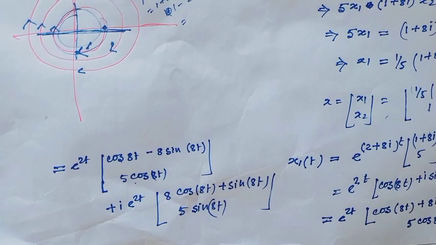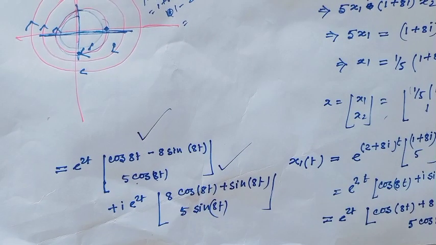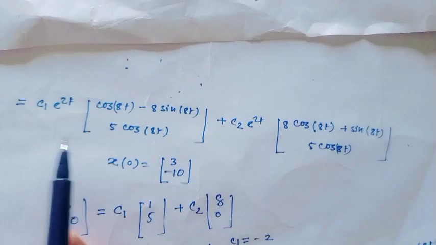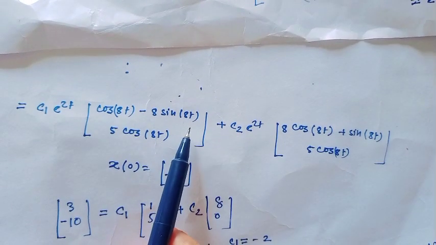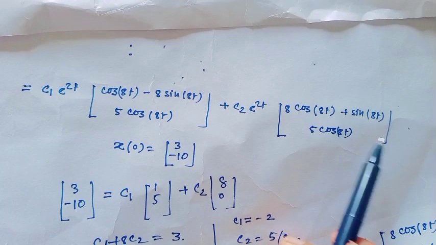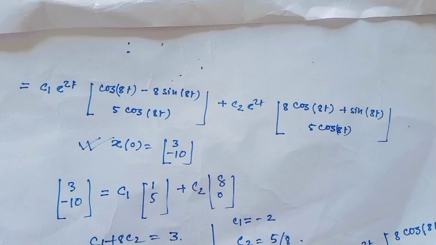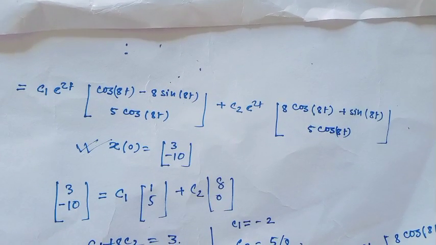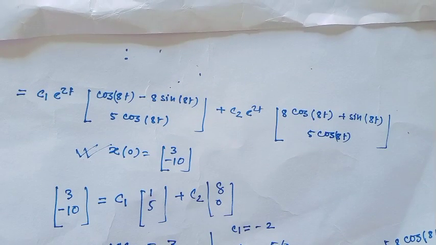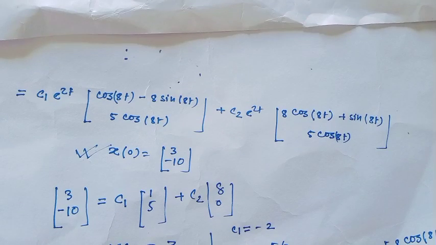And here the initial condition is given. Since these two vectors are linearly independent, we can write the solution as c1 e to the power 2t (cos 8t minus 8 sin 8t, 5 cos 8t) plus c2 e to the power 2t (8 cos 8t plus sin 8t, 5 sin 8t). Since the initial condition is given, at the point 0 the value is (3, minus 10), so we can always evaluate c1 and c2.